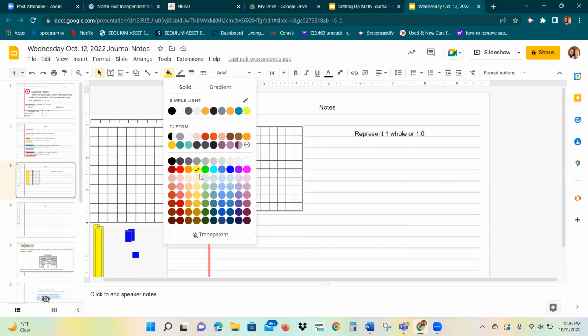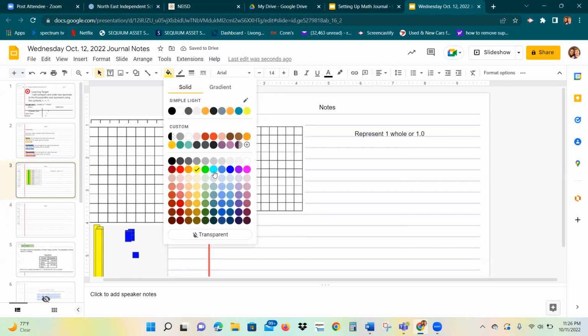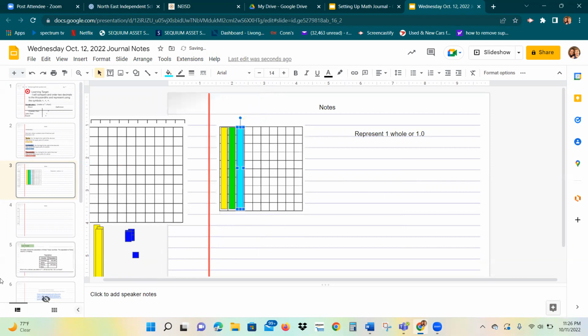I'll go ahead and make it green. This is 3 out of 10 parts. So I'm going to change that over to this blue part. Then I'm going to move another one over because I haven't quite covered it yet, right?